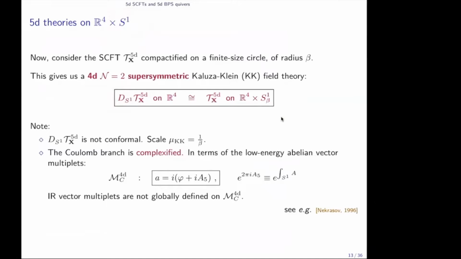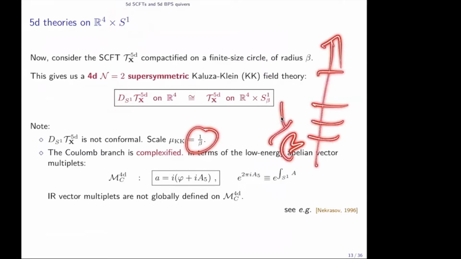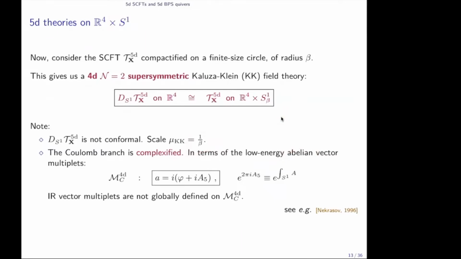The theories, of course, are not conformal because we have these KK towers essentially. So there is a scale set by 1 over beta, the inverse radius. And the real Coulomb branch in 5D then is complexified and becomes an ordinary kind of complex scalar at low energy, A, which is the complexification of the real scalar in 5D plus the holonomy of the 5D gauge field over the circle.